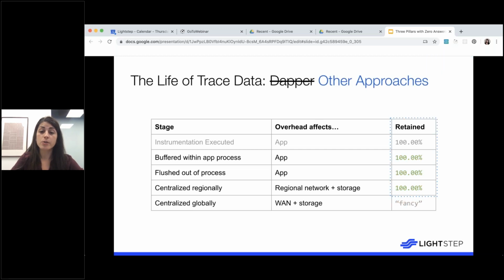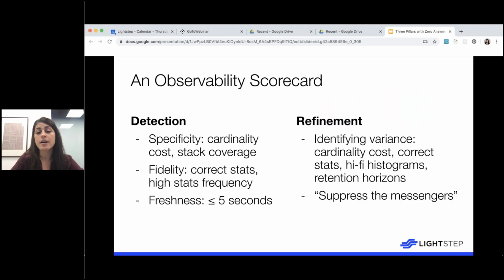There are some other approaches where you can retain 100% of the data for some period of time, and you can sample from that data set and explain some hypotheses dynamically. This is a pretty nice angle to the problem, and there are definitely other approaches, but there are ways that you can solve that, and that's what we're working on here at Lightstep.